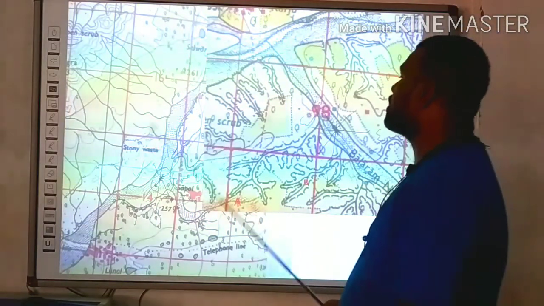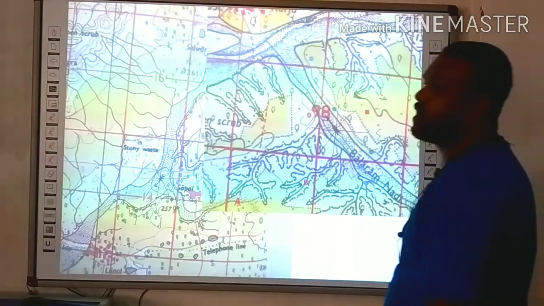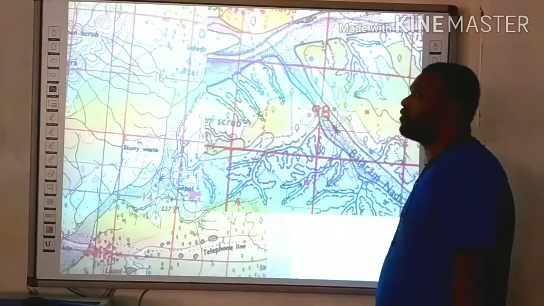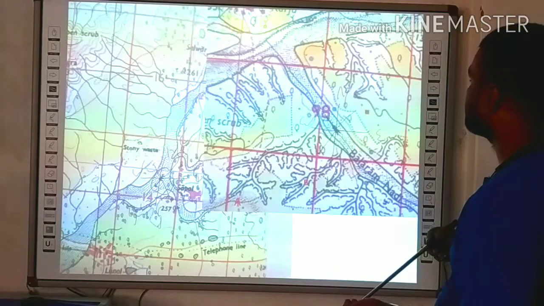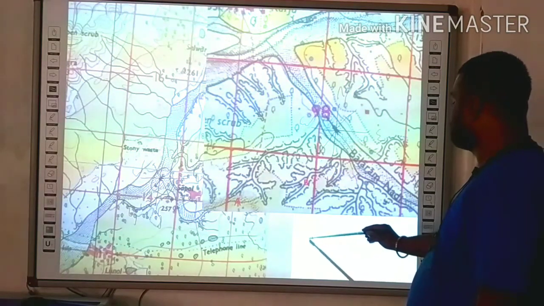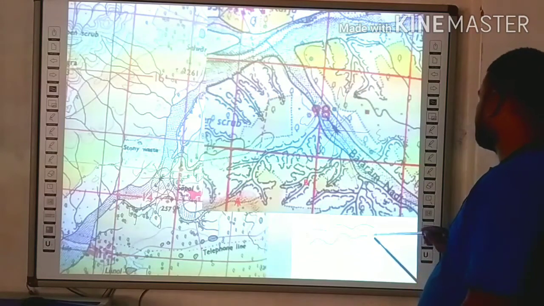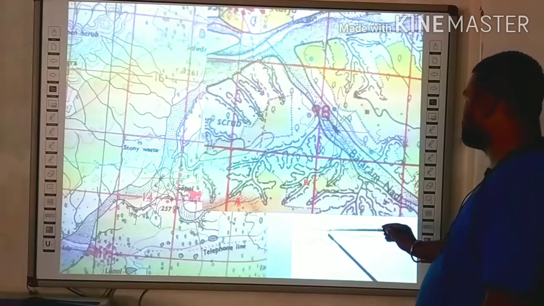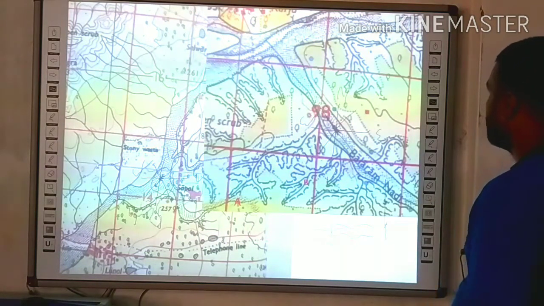It is very easy. In this part another thing is there, how to find the right and left bank of a river. It is also easy. Say this is the river I have drawn here, and this is the direction, and here I am standing.